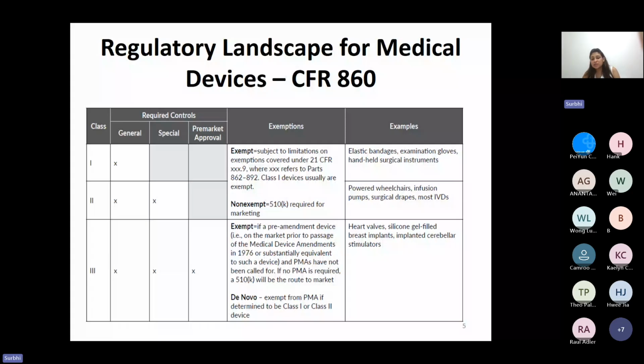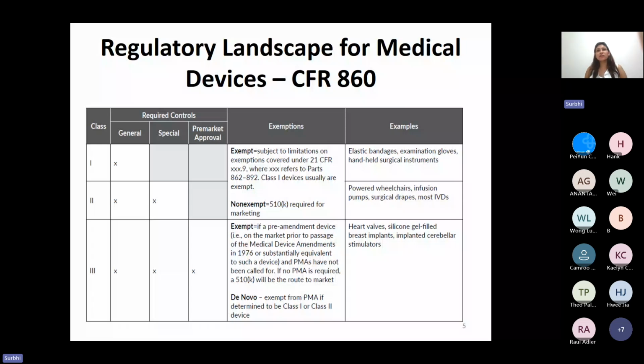And the ones that were registered before 1976 are now going to be classified as either class 2 or class 3. Earlier, before 1976, pre-amendment devices were just registered like that without any 510K or PMA route.